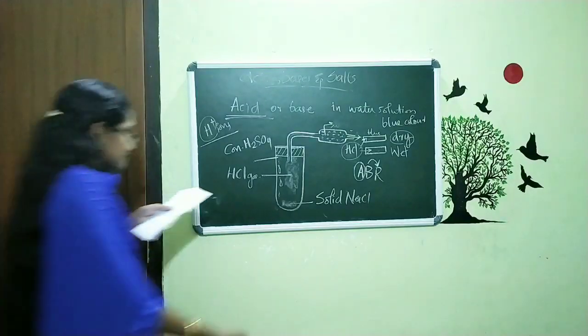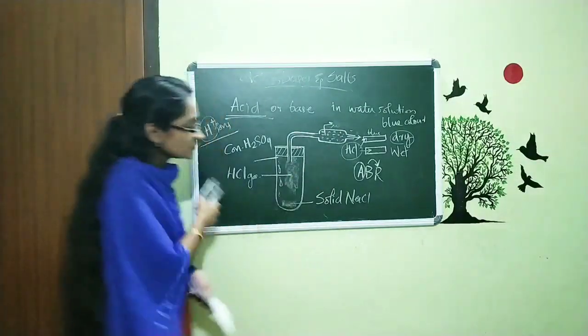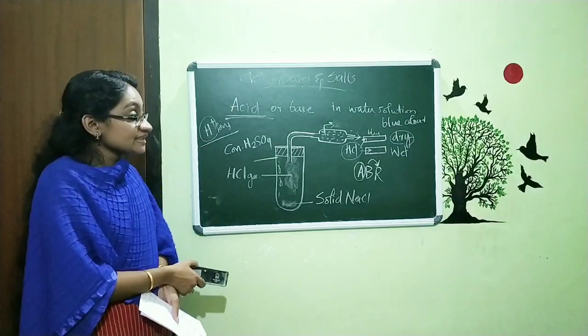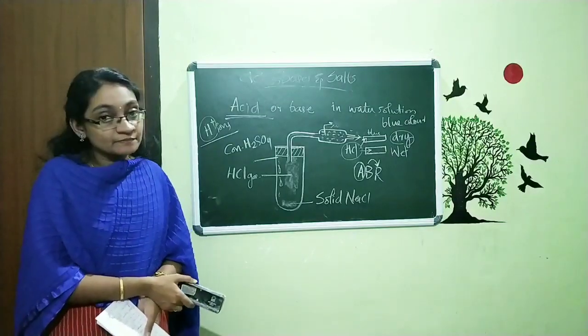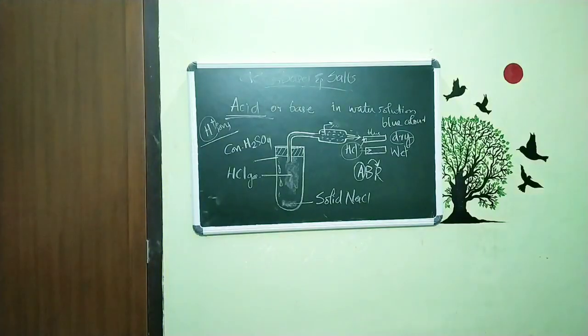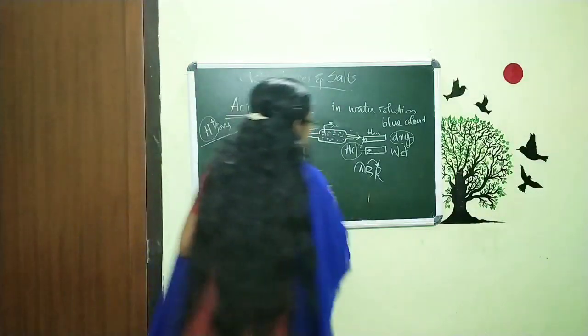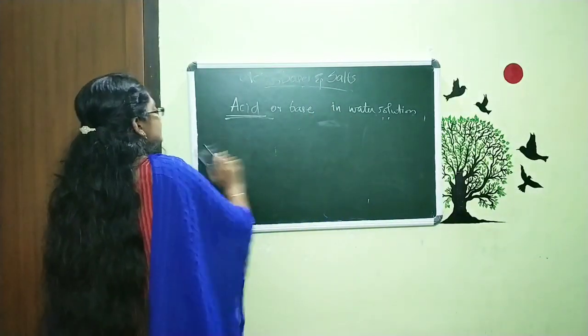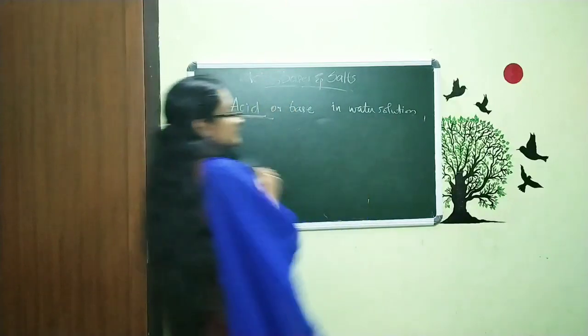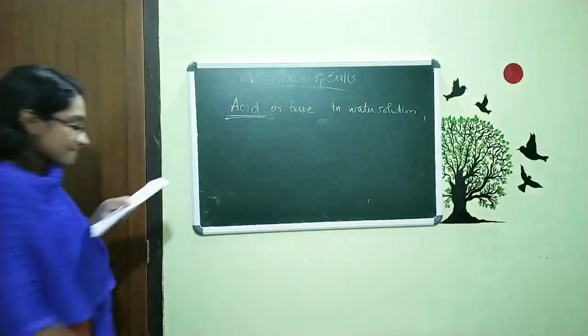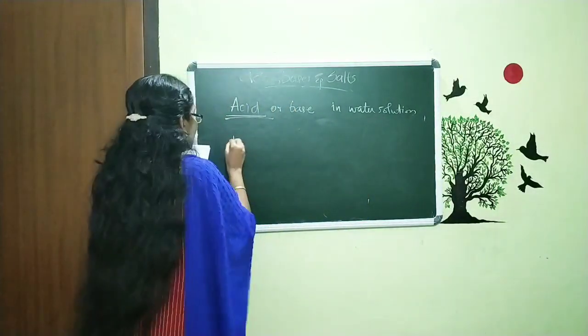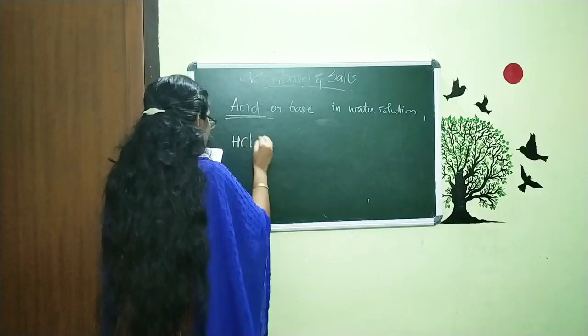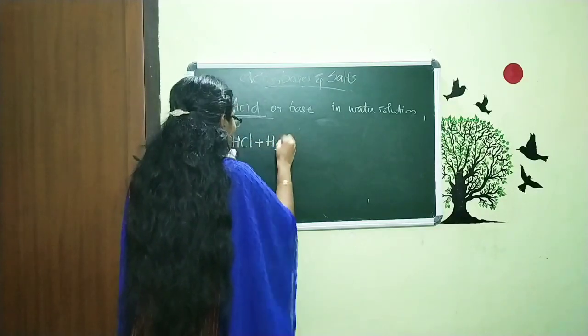So we can write the equation of this. I hope this experiment is clear, and a neat diagram is there in your textbook, so please observe that diagram on page number 23, figure 2.4. We can write the reaction of HCl gas with water as HCl plus H2O.